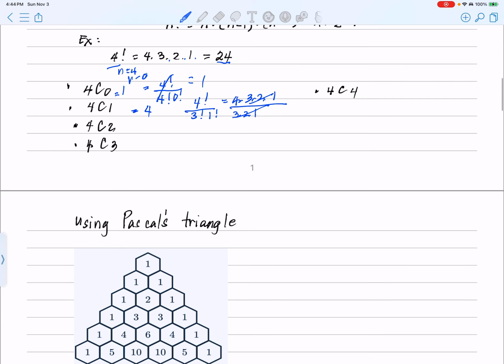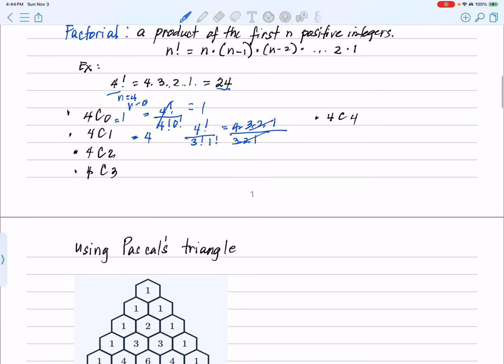Okay. 4 choose 2. Let's explore. 4 factorial over 4 minus 2, that is 2 factorial times 2 factorial. So 4 times 3 times 2 times 1 over 2 times 1 for 2 factorial, and 2 times 1 for the other 2 factorial.